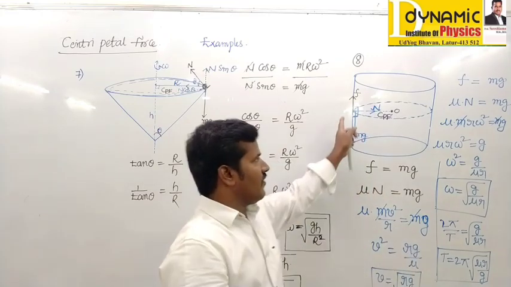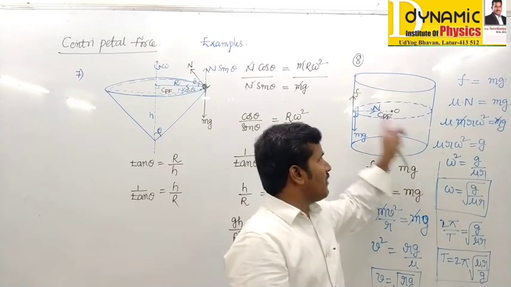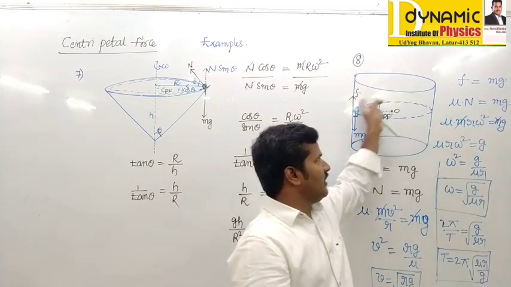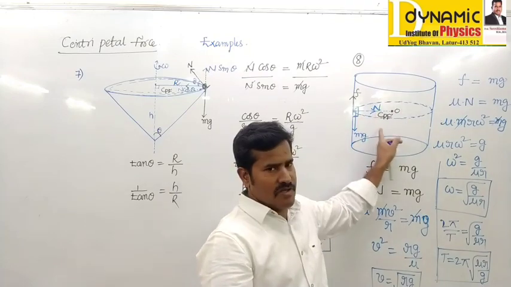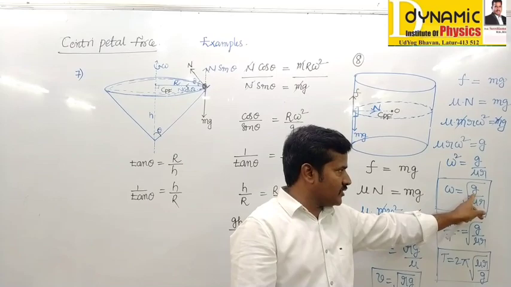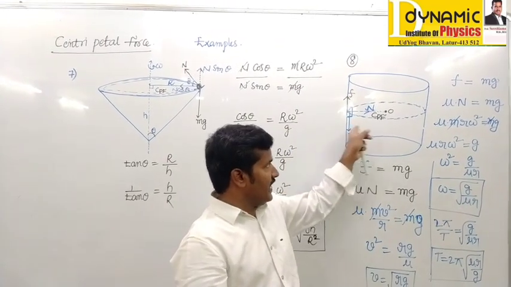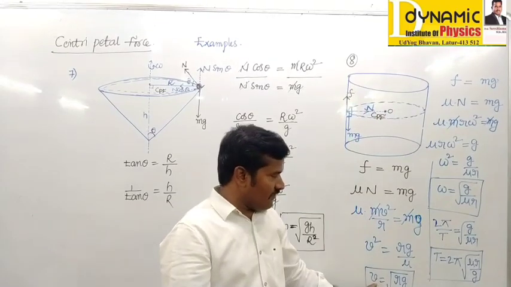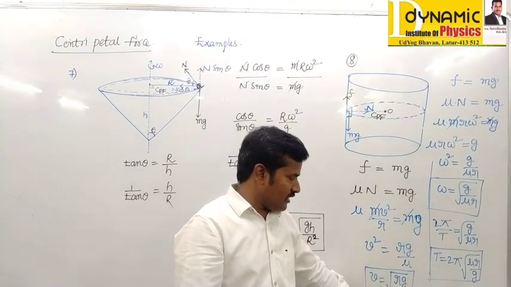So this is the minimum angular velocity, not maximum. The minimum angular velocity required for the body to revolve in this circular path is omega equals under root of g upon mu r. The minimum speed required for the body to revolve in this circle is under root rg by mu.